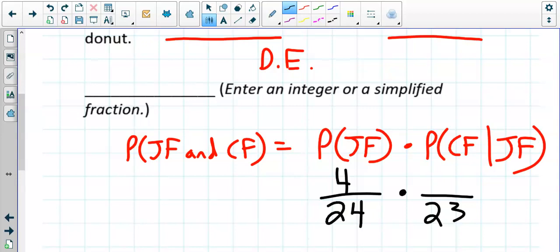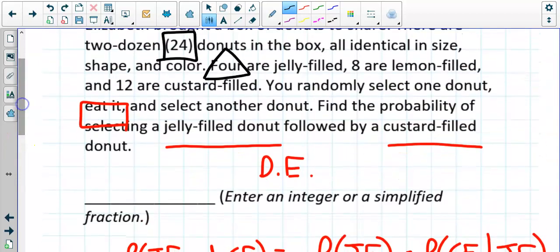But let's talk about the numerator. The second time around, I want to eat a custard filled. So the first time around, I ate a jelly filled. Because I ate the jelly filled, does that affect how many custards there were? No. So my numerator for the custard filled will be 12. This guy that's right there. And that's what we're going to put in because I ate a jelly filled.